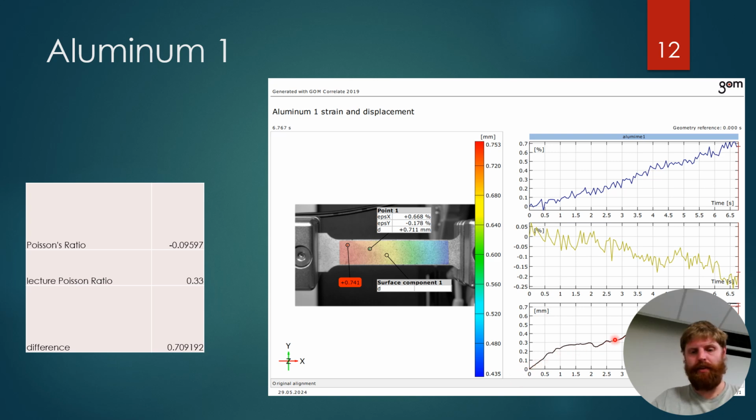We can see that the displacement is fairly linear during the test, and yet the strain in the X and Y is very jagged. There is some mirroring of the displacement if you were to plot a trend line, which we haven't, but I think these jagged edges are due to the dislocations of the material.